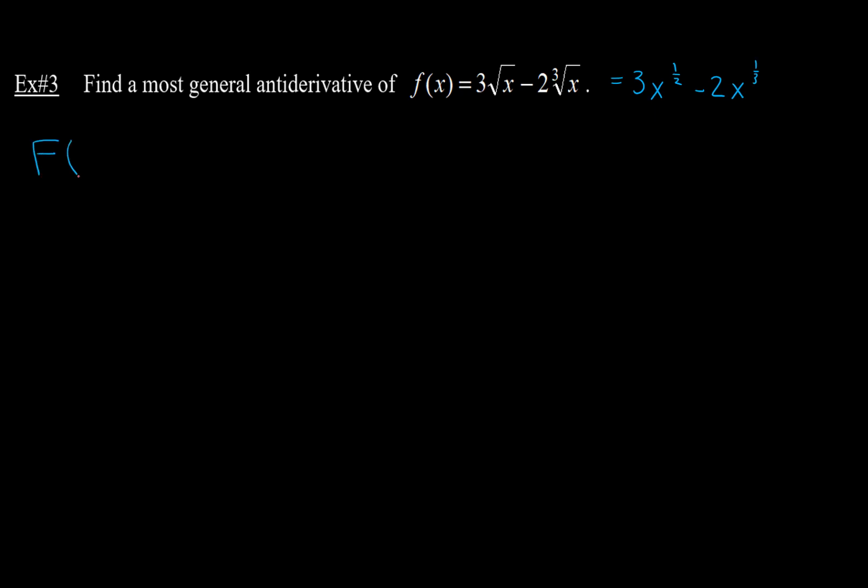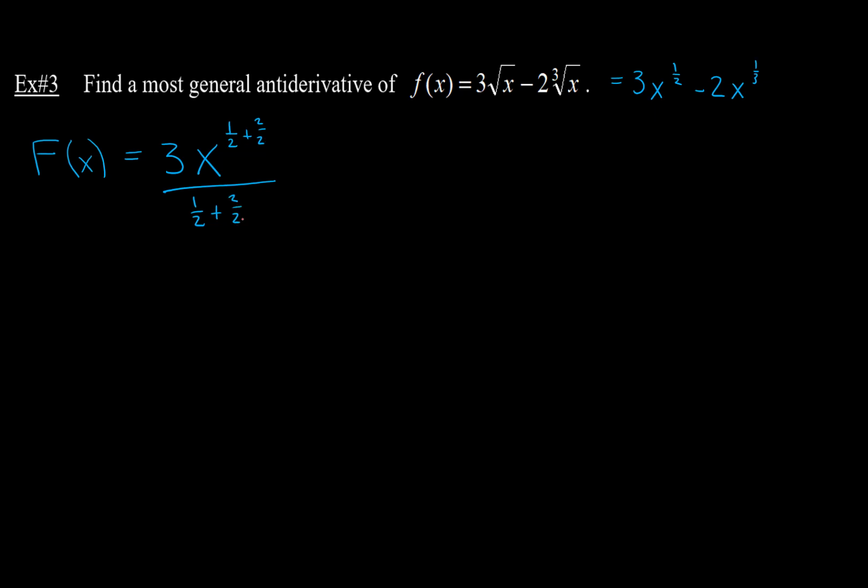Now I'm going to take the antiderivative. So I'm going to undo the derivative. So the 3 for this one goes along for the ride. And then for my x, I'm going to do 1/2 plus 1, and I'm going to divide that by 1/2 plus 1. Now keep in mind when I add 1, it's just really easy to think of it as 2 over 2 since it starts off as a 1/2.